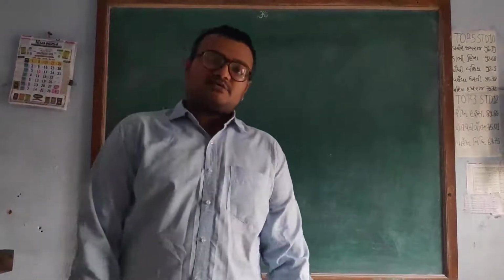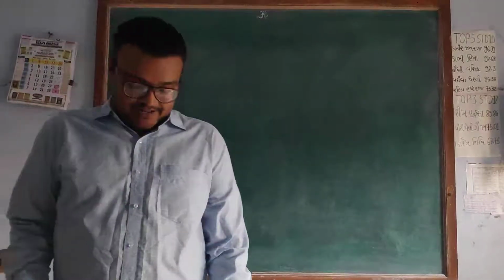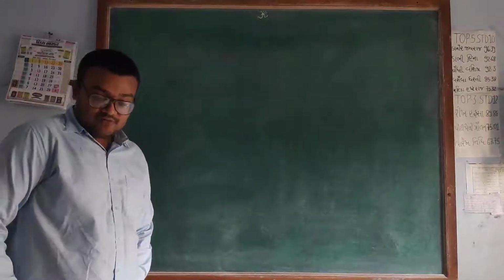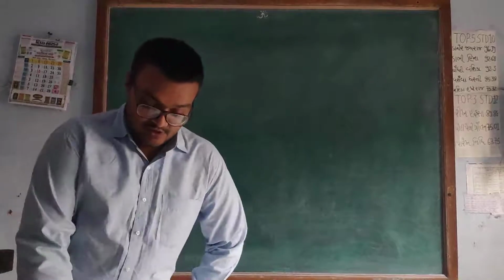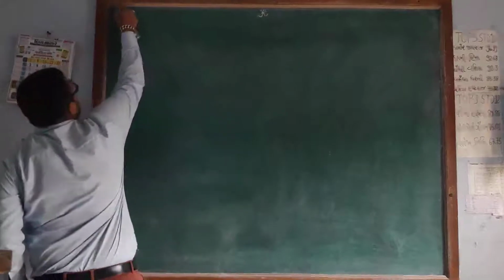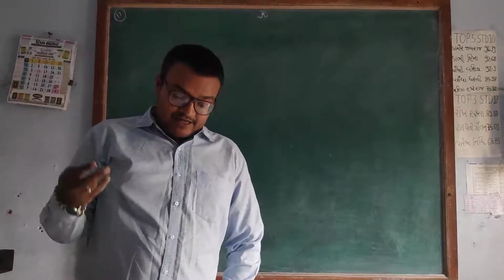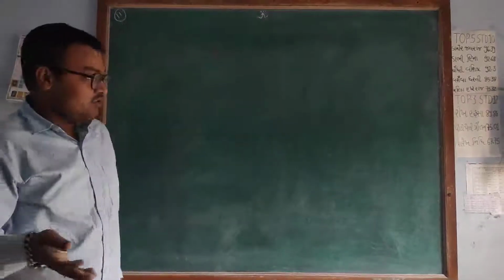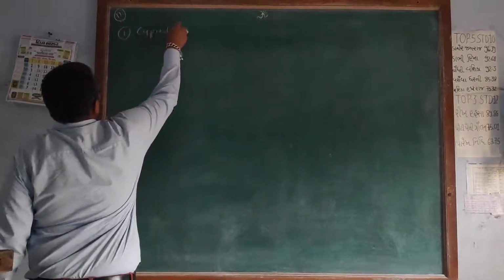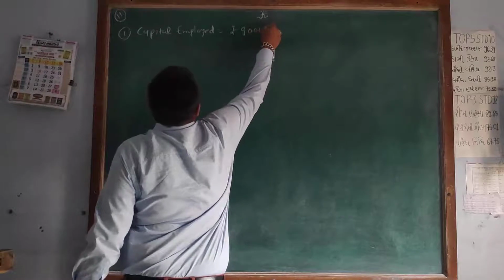Now we will do the last sum of this chapter, the last method also, the super profit capitalization method. Consider sum number 11. Determine the value of goodwill of Prabha and Prabhu's firm on the basis of capitalized super profit method. Capital employed is directly given in the sum, so we don't have to obtain it: rupees 9 lakh.